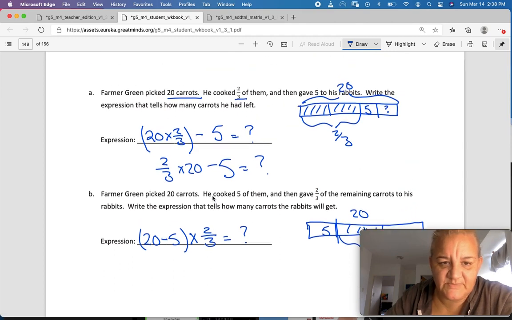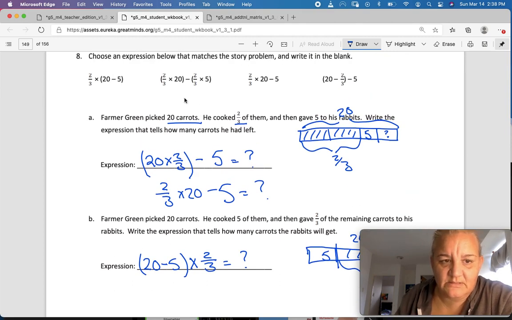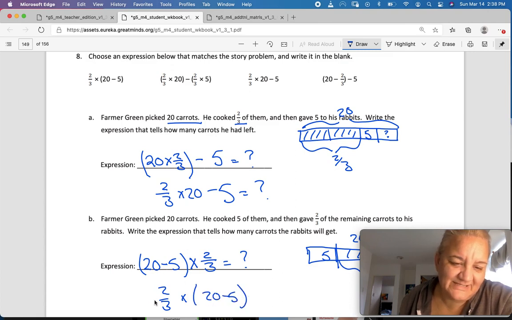So let's see which expression matches that. Okay, 20 minus 5, that's essential, so they put that here. And then 2/3. Now because it's multiplication, theirs is flipped over, 2/3 times 20 minus 5, right? But it's still the same problem.